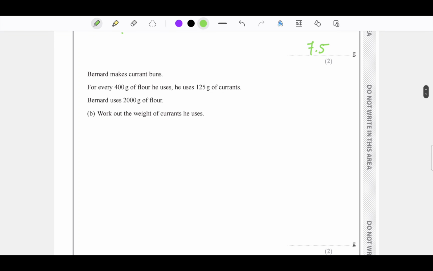Bernard makes currant buns. For every 400 grams of flour he uses 125 grams of currants. Bernard uses 2000 grams of flour. Work out the weight of currants he uses. Very simple ratio question. Flour is to currants. We know that for 400 grams of flour he uses 125 grams of currants.